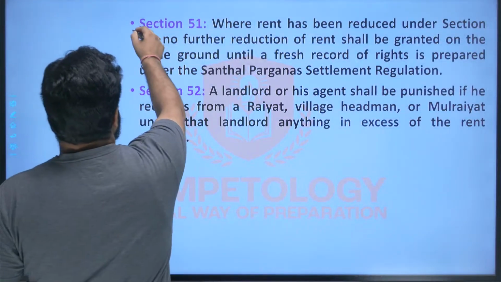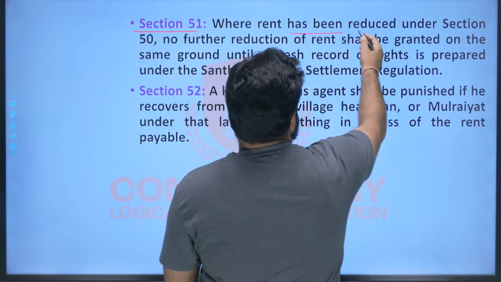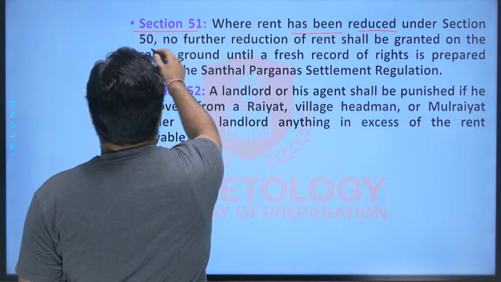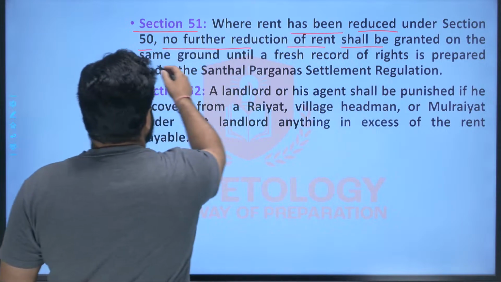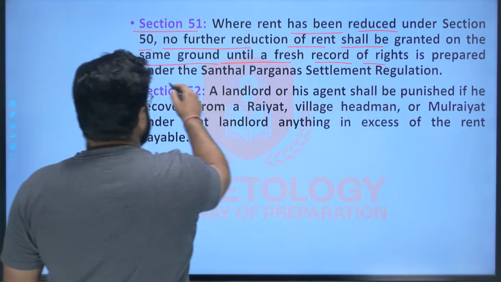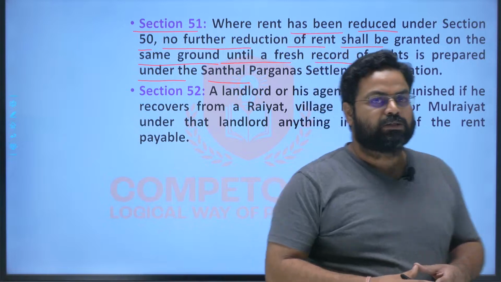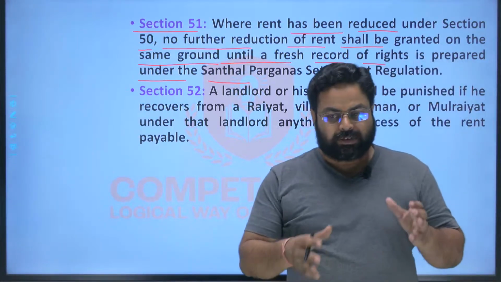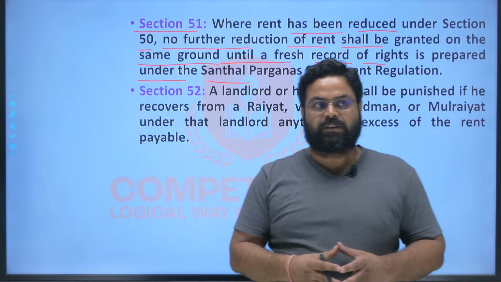Next, section 51. It says that where the rent has been reduced under section 50, no further reduction of the rent shall be granted on the same ground until a fresh record of rights is prepared under the Santhal Pargana Settlement Regulation Act. So here, suppose that there was a flood and for that matter the rent on the land was reduced.